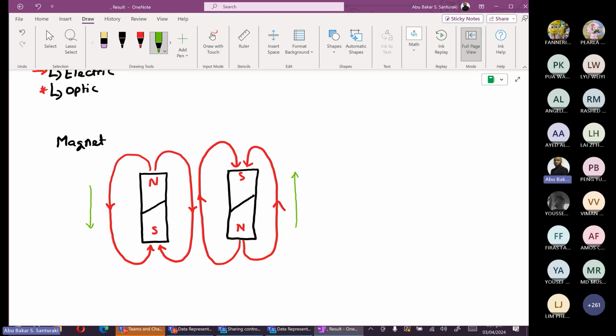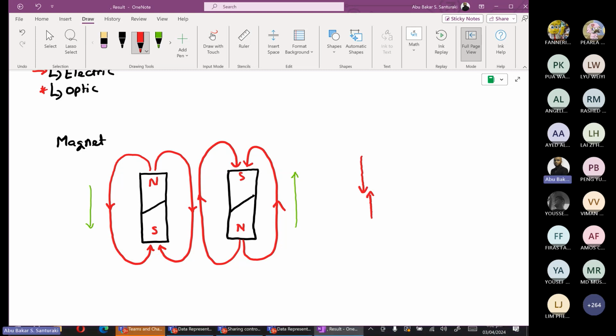The reason why the magnets attract or repel each other, depending on how you bring them, is that, as they say, opposites attract. What happens if I have flux going in a downward direction and flux from another body going in an upward direction?